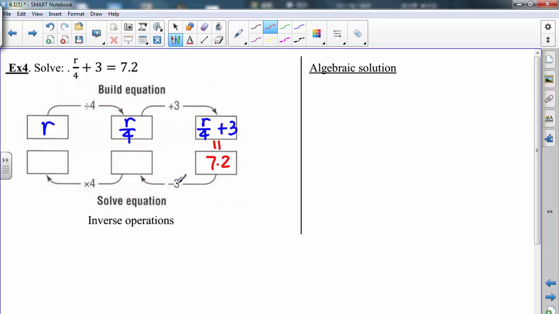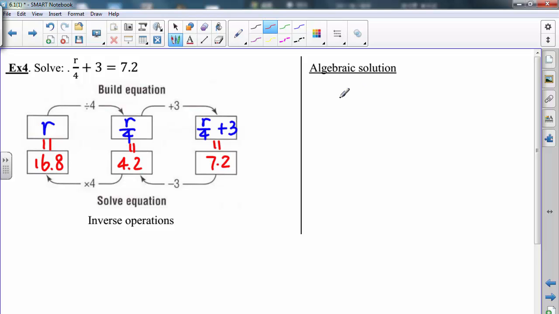So 7.2 minus 3 is 4.2. 4.2 is equal to r divided by 4. Then if I want to solve for r in this step, I look at the above operation, divided by 4 becomes multiplied by 4. So 4.2 times 4 is 16.8. So this 16.8 is also the r value.